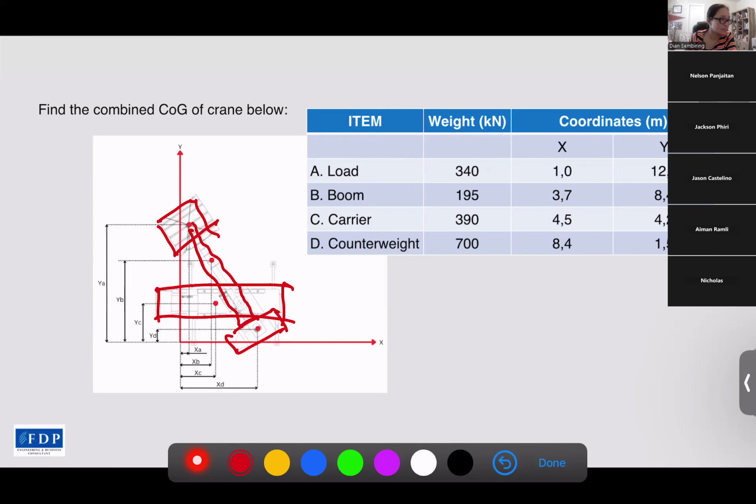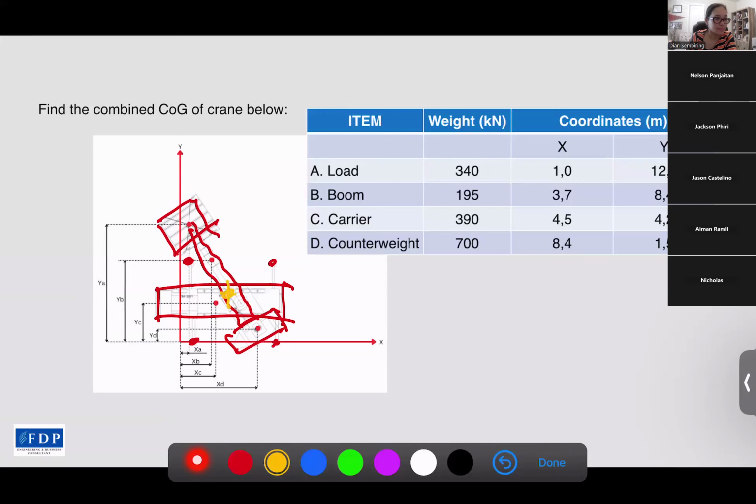This calculation helps us because once we get the COG, we will easily find the outrigger forces from each outrigger. Let's say the outriggers here, and then we find the COG here.